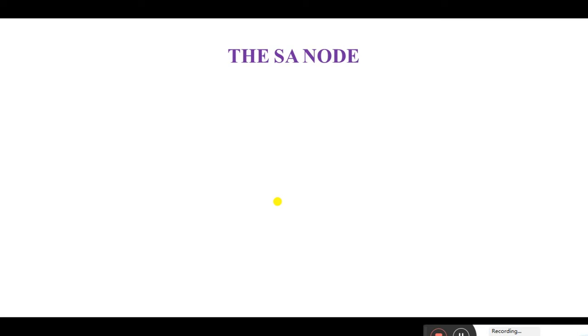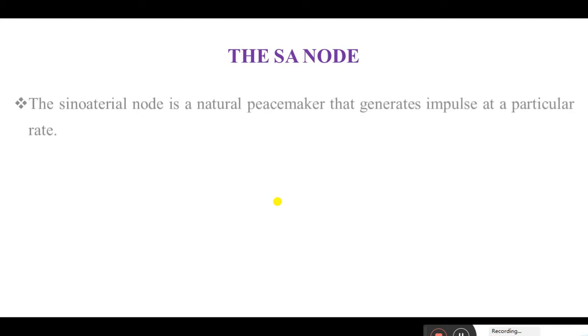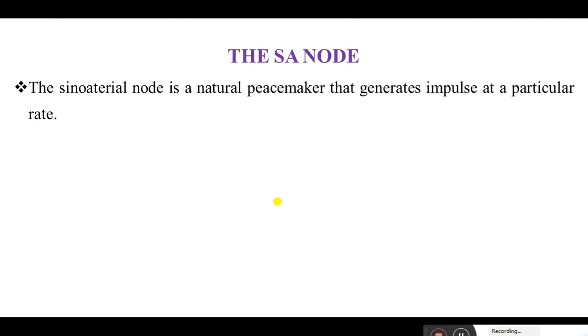Okay, let's talk about this special node, the heart's natural pacemaker, the sinoatrial node. The sinoatrial node is a natural pacemaker that generates the impulse at a particular rate without any outside factor causing or telling it to depolarize at that rate to generate an electrical impulse.